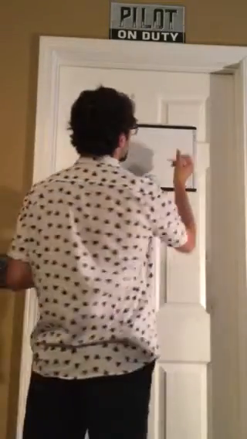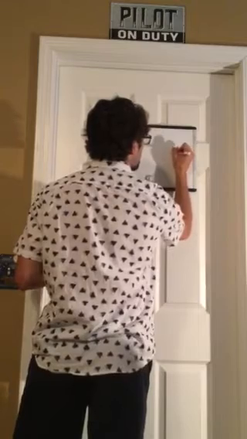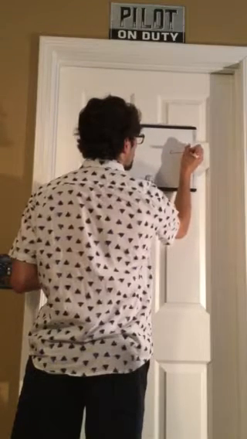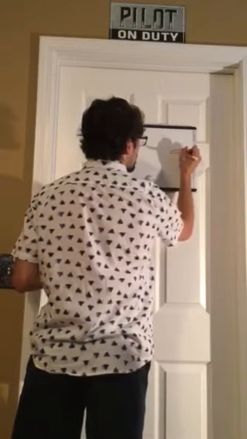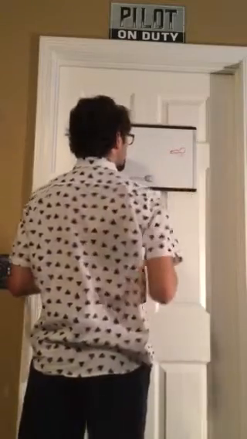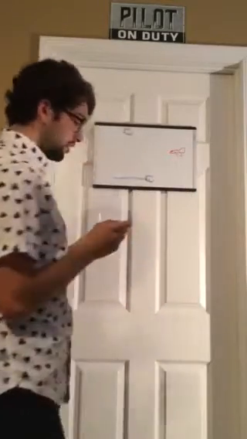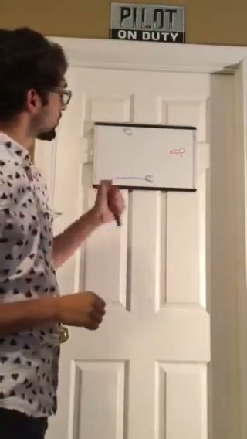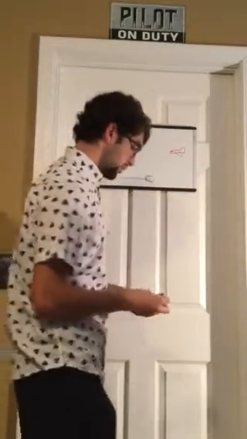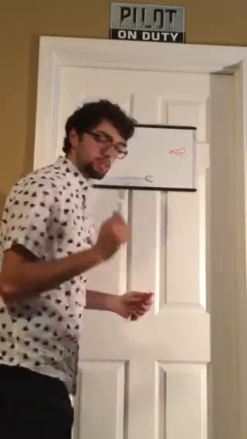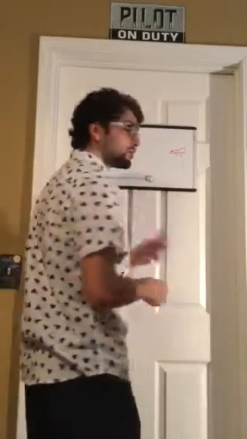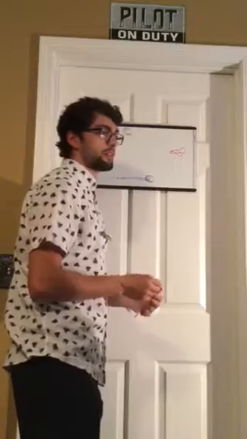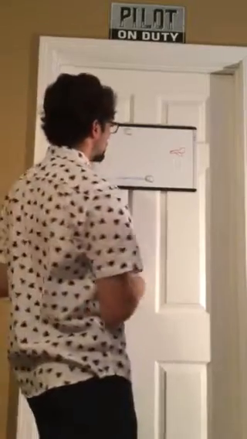Now I'm going to draw a little airplane here. Now, we are on the GPS RNAV approach for 10. We are doing the LPV version, which means we need WAAS. We have 2 dual WAAS receivers on the airplane, which helps give us our glide slope.